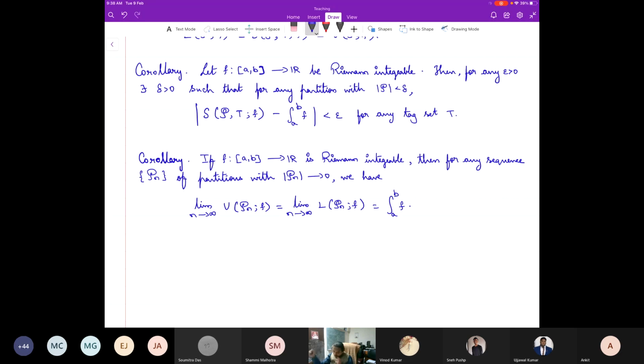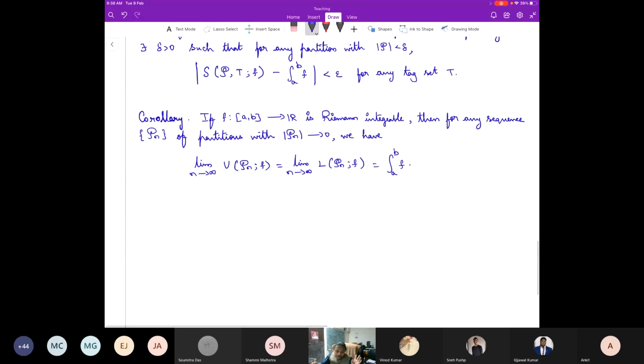In fact, this is also going to coincide with the limit of the corresponding Riemann sums. That's the whole point, because for each partition you can choose a tag set.